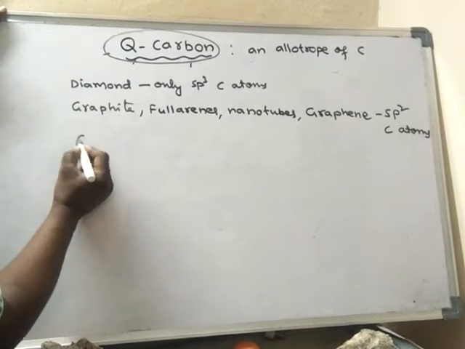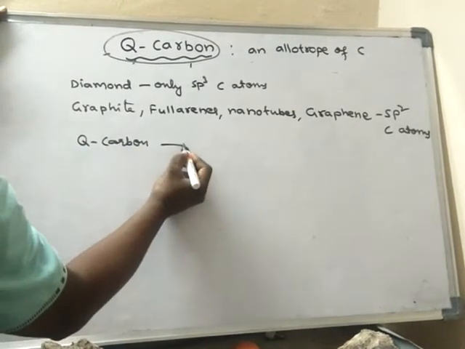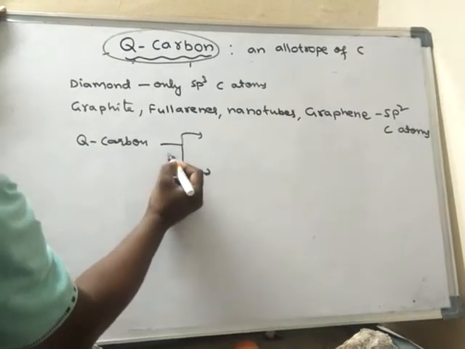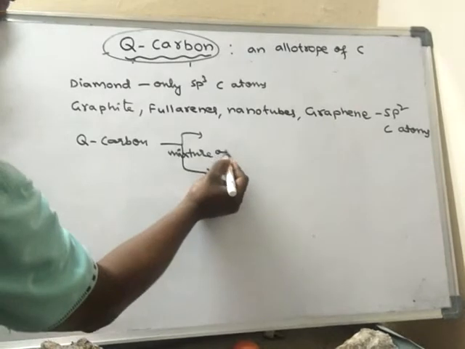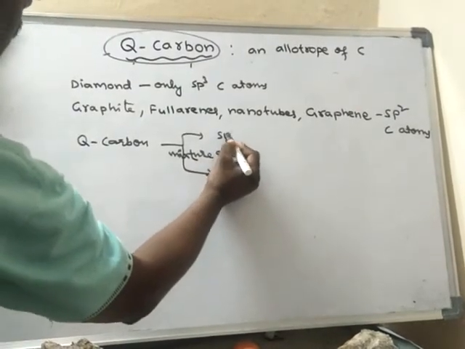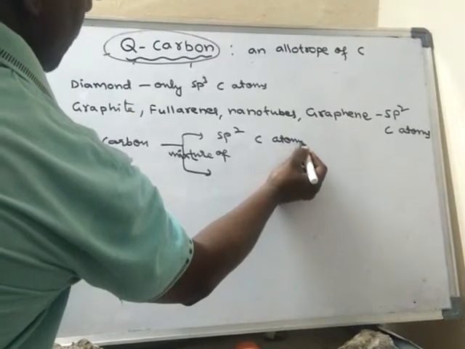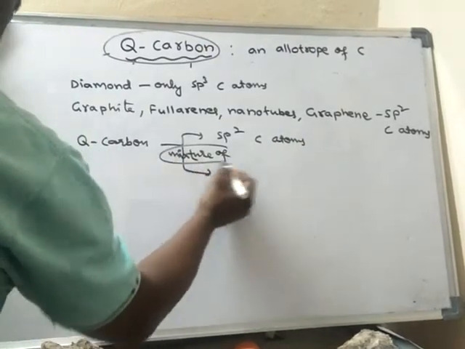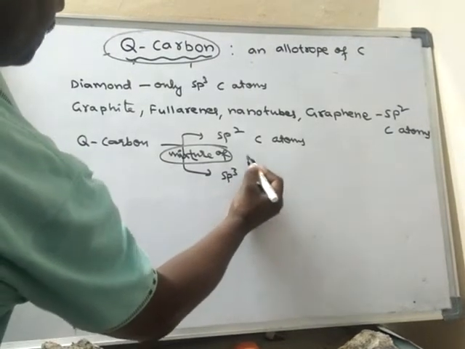Whereas in Q carbon you will find a mixture of sp2 carbon atoms and sp3 carbon atoms.